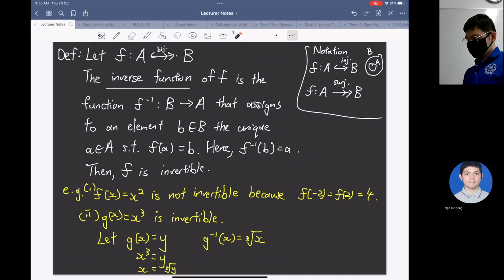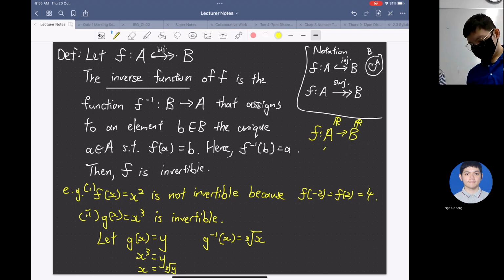So injectivity doesn't only work for R. You can work for any set.